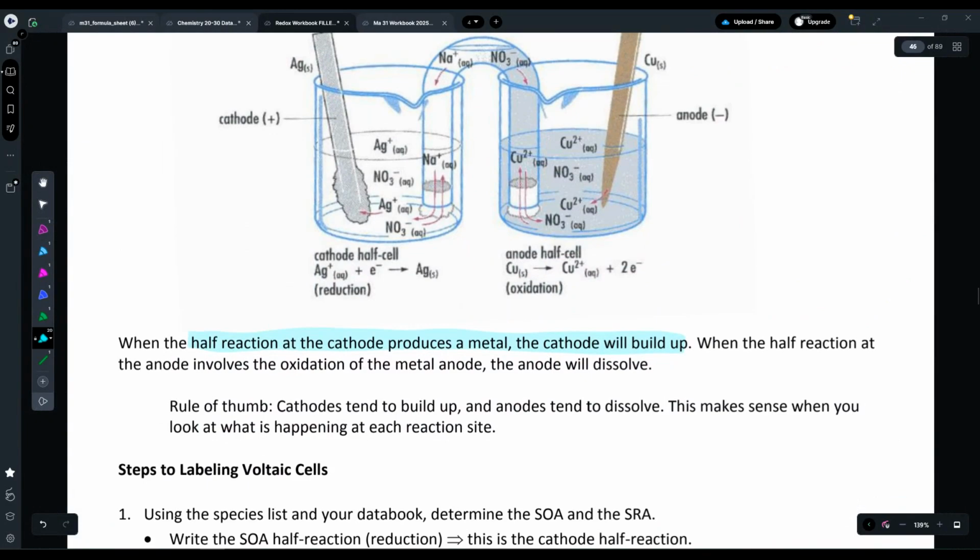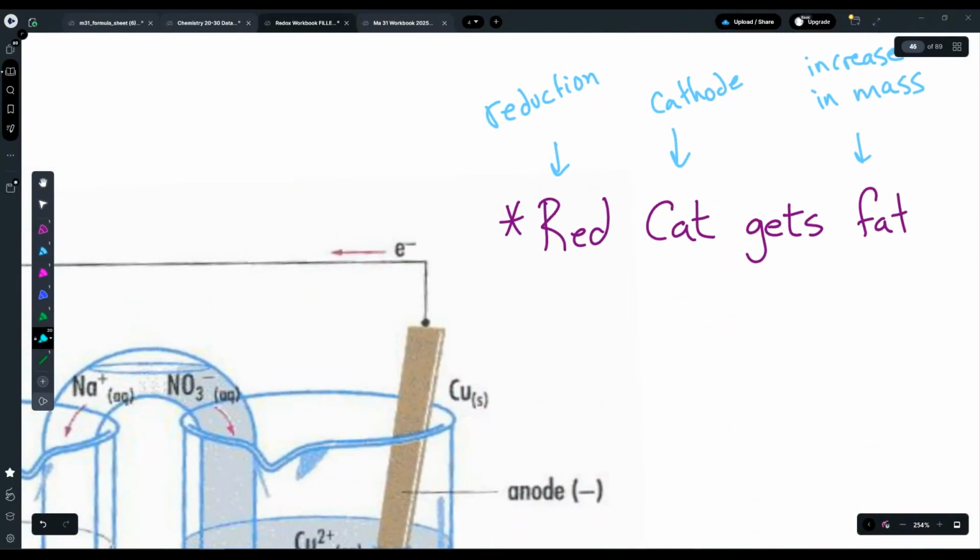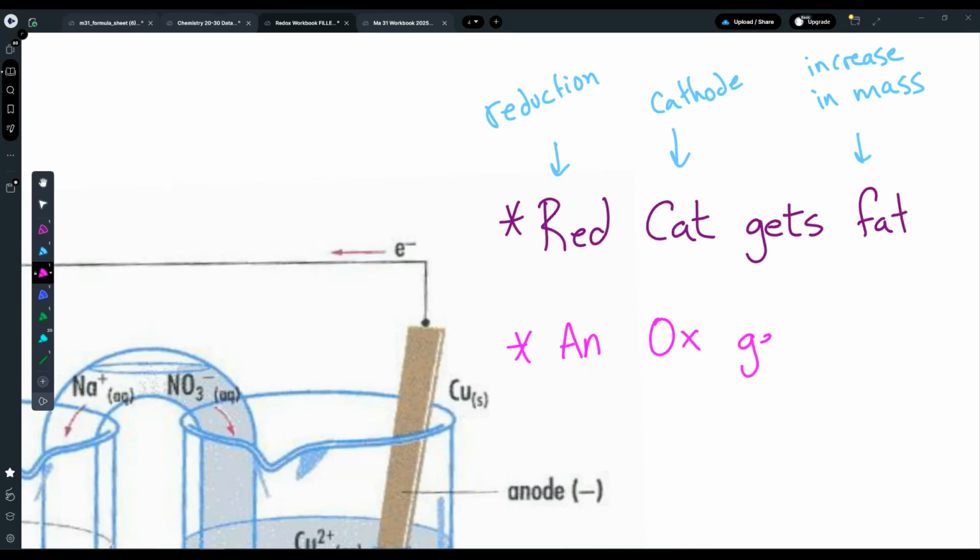Now, going back to our notes here, when the half reaction at the anode involves the oxidation of the metal anode, the anode will dissolve. So the half reaction at the anode is oxidation, and the anode will dissolve. How I remember that, it's not as catchy as red cat gets fat, but this will have to do, is ox gets thin.